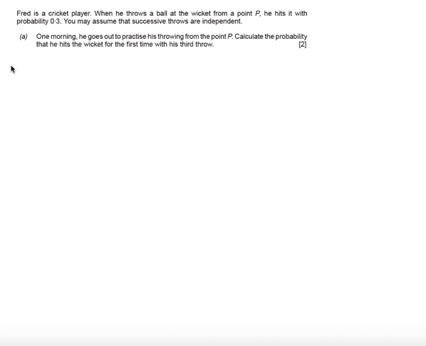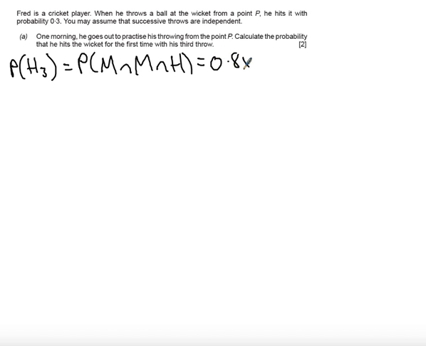So, in order to calculate this, we're saying probability hit on the third throw is equal to, well, what's going to have to happen here? This is going to be equal to the probability of a miss and a miss and a hit. Now, since these are independent events, the way that we're going to calculate this is the probability of a miss is 0.7.